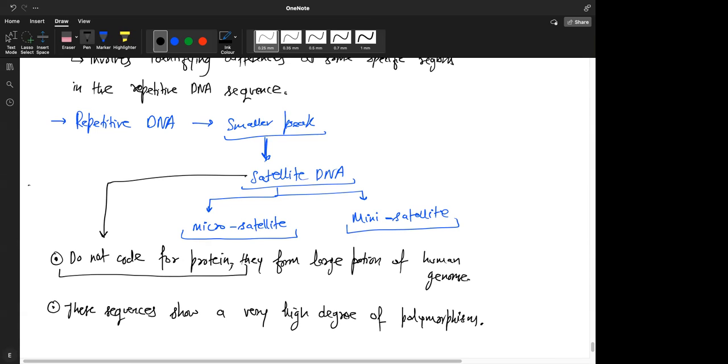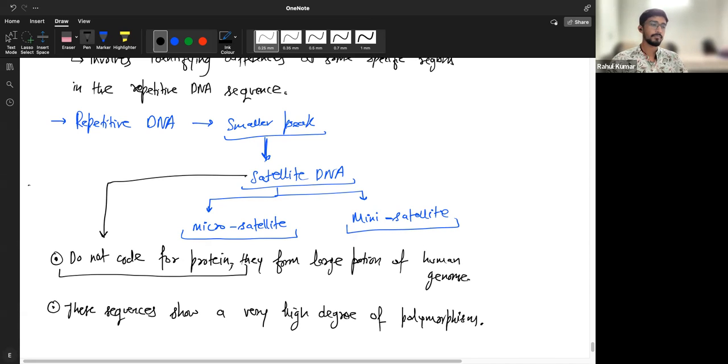Okay. Now, write down the polymorphism. Just write down this one point so that whenever you revise, you understand.